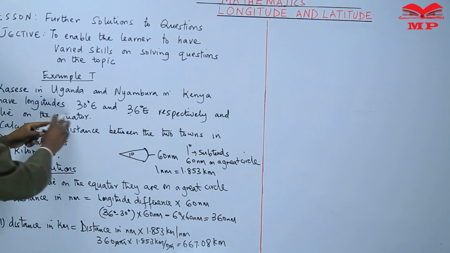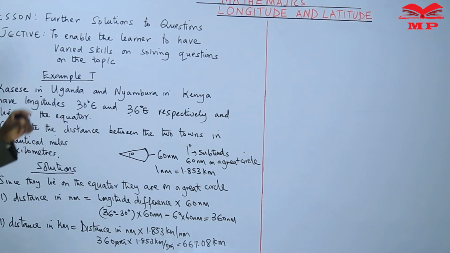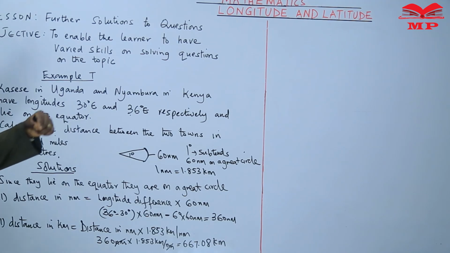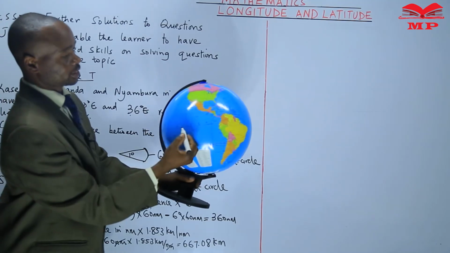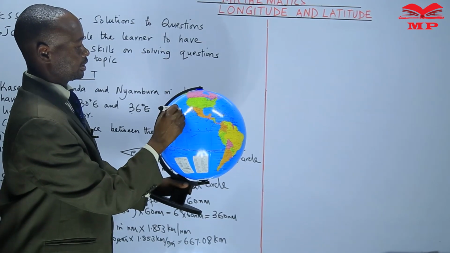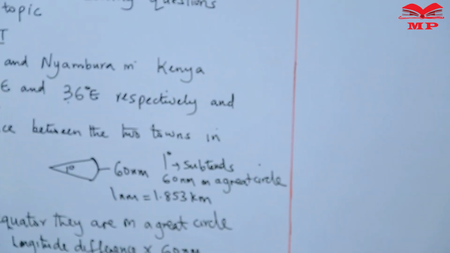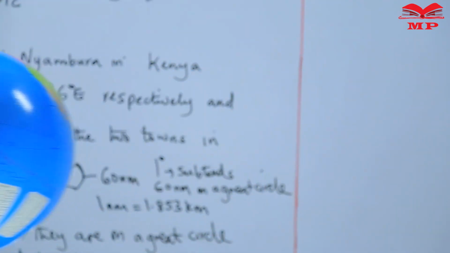Read through the question. Once they mention the equator, you know it's a great circle. But if they would have been on another latitude, we would multiply here by the cosine of the latitude of the small circle. Our question was on the equator, but if it was on this latitude, maybe 30 degrees north, we will then have to include cosine 30, because it is on a small circle.